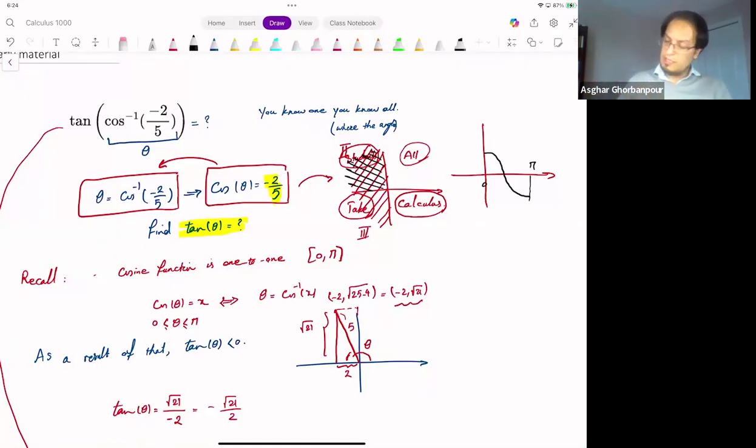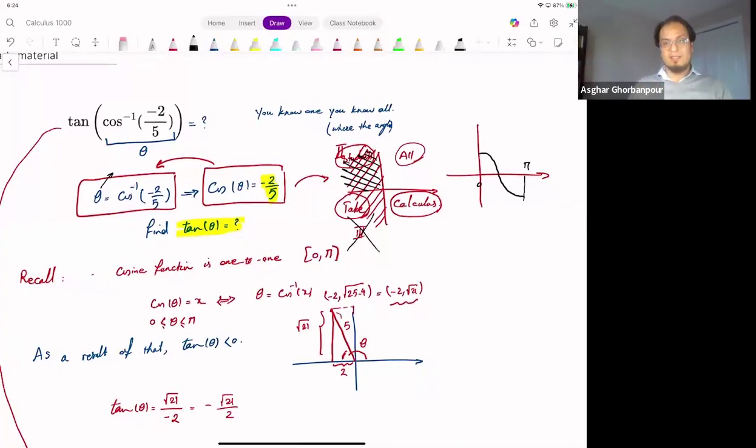In this case, this is from 0 to pi, and this theta, which is cosine inverse of that, must be in that one-to-one domain of cosine. It is in the range of cosine inverse, or equivalently, it is in the one-to-one domain of cosine. So that means the third quadrant is gone, it cannot be in the third quadrant.